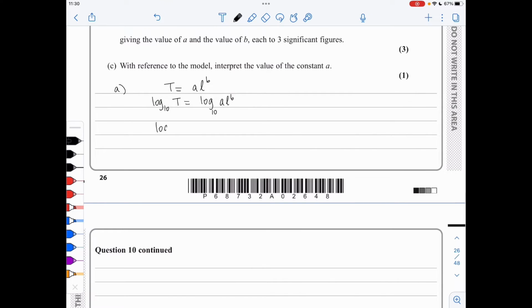So log T base 10 is log of A base 10 plus log of L to the B base 10. It's the product rule of the logarithms. And then log of T base 10 is log of A base 10 plus B log L base 10, which is exactly what I had to show.